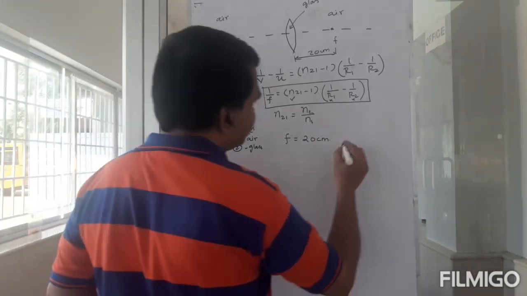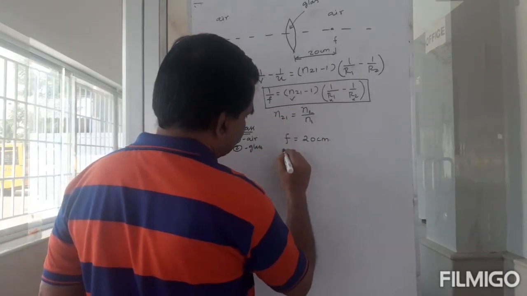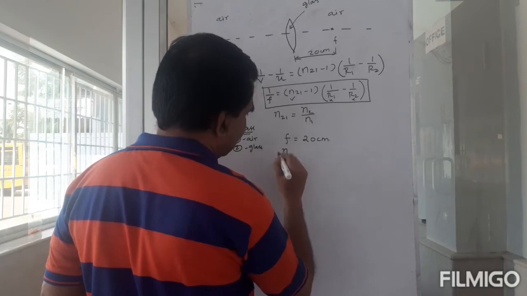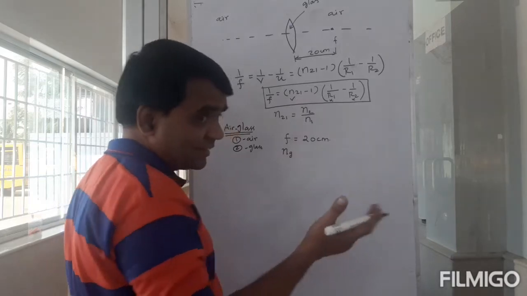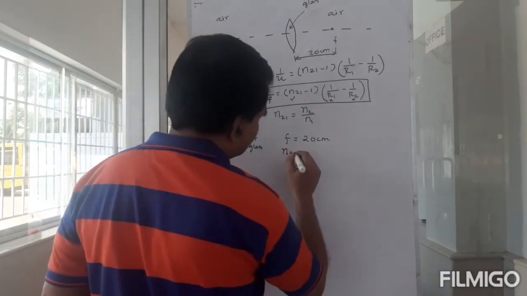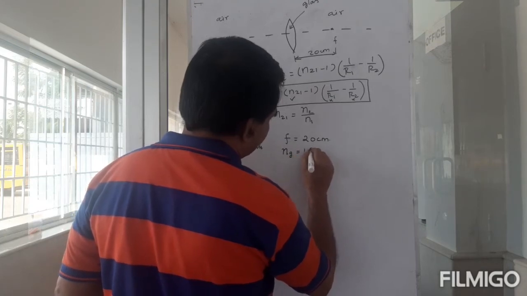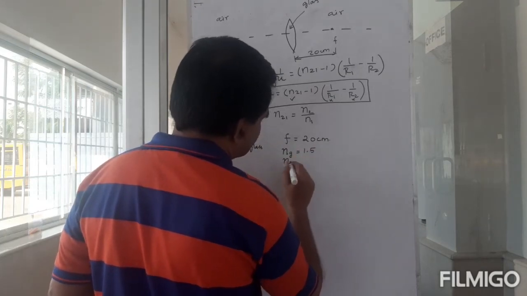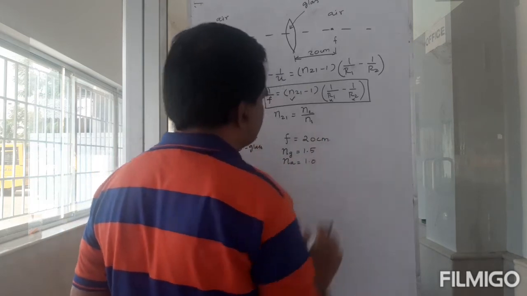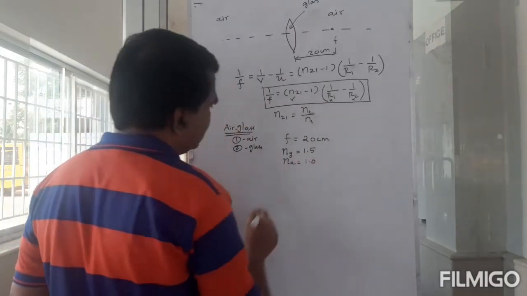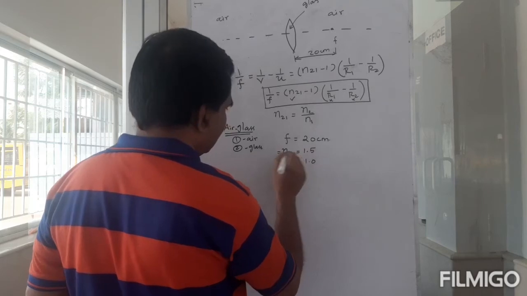And what else is given? The refractive index N of glass with respect to vacuum or air, in this case air and vacuum will be the same, right? Glass with respect to vacuum is 1.5. The refractive index of air with respect to vacuum is 1, the same. So this is also equal to what? This is N2.